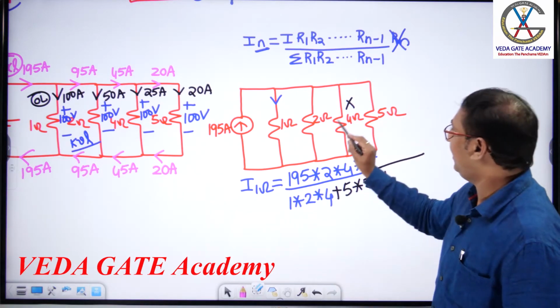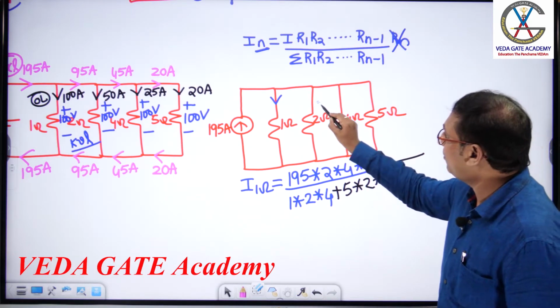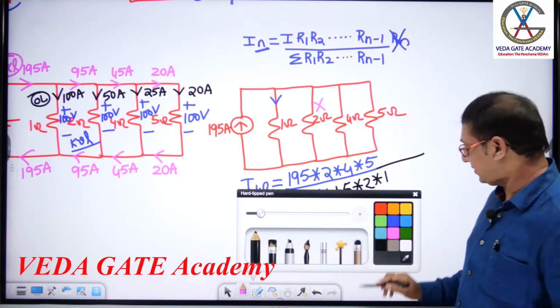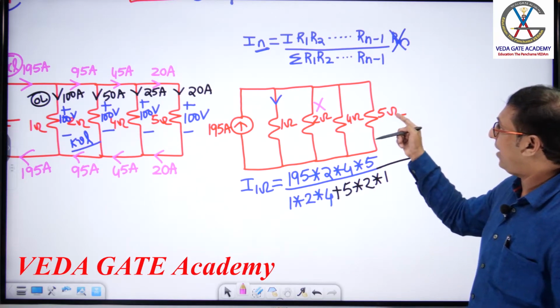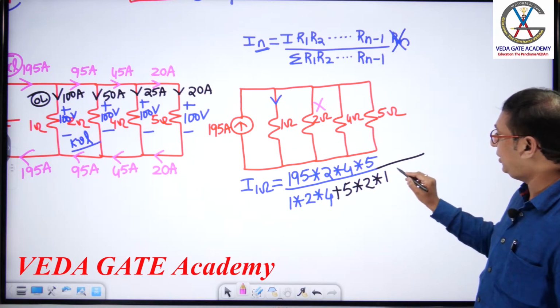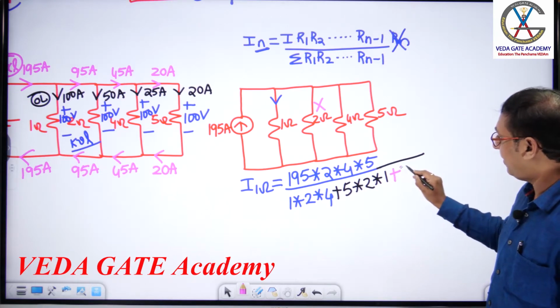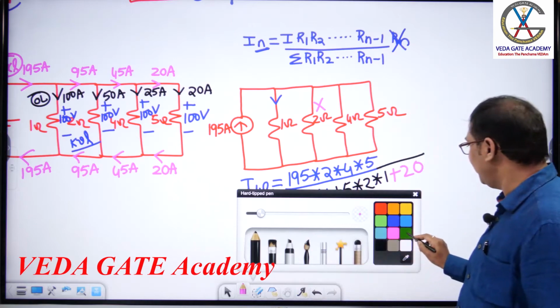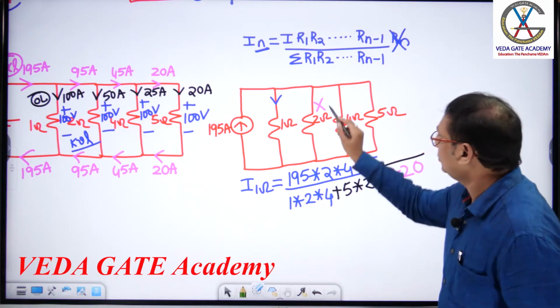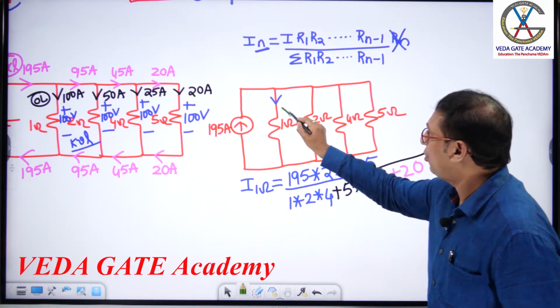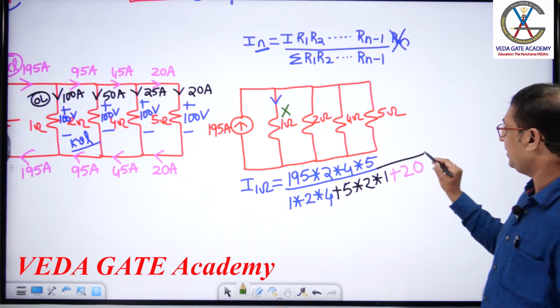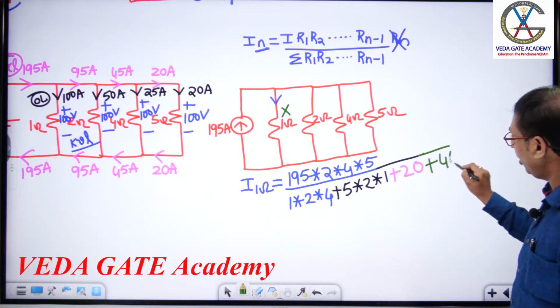Now I am erasing this 2 ohm resistor, removing 2 ohms. How shall we write this? 5 into 4, 20, 20 into 1, directly I am writing here, plus 20. Lastly, remove 1 ohm, product of other resistors. 5 into 4, 20, 20 into 2, 40.